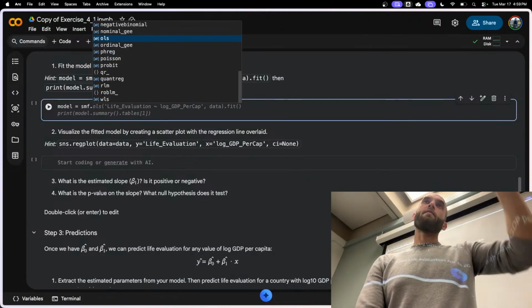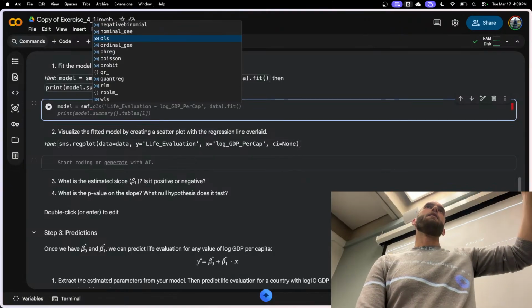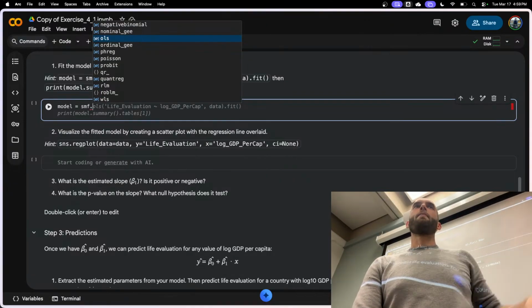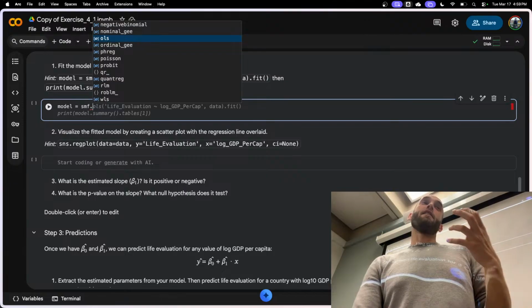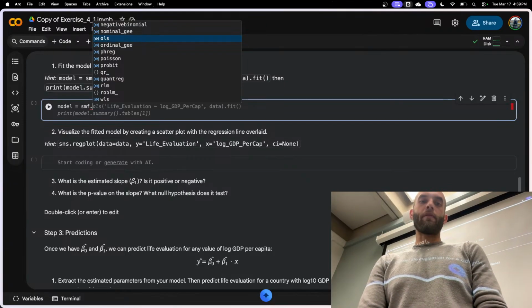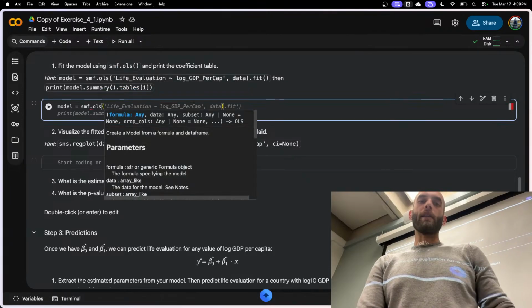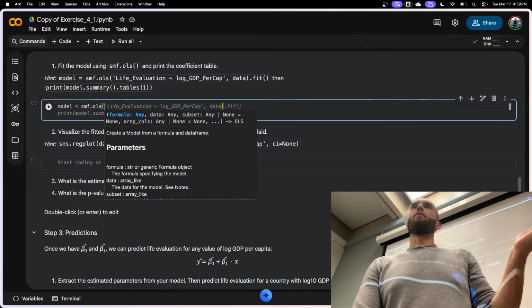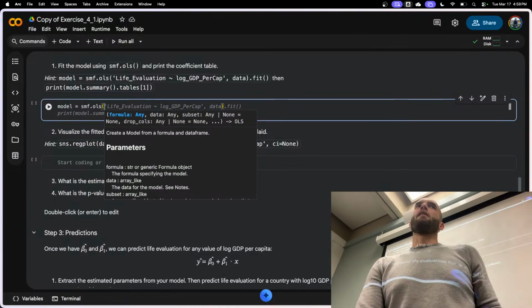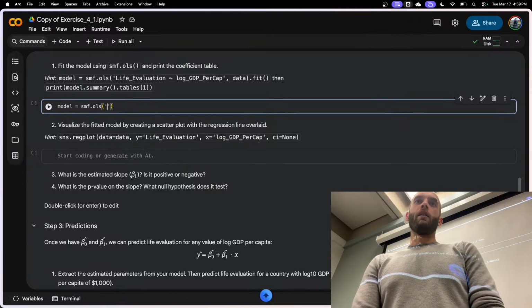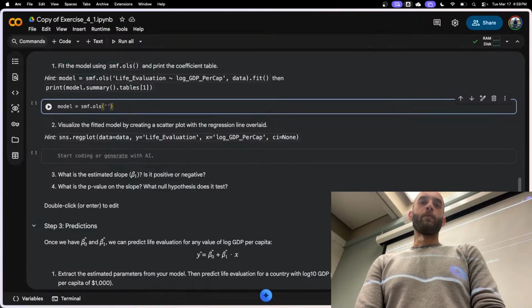SMF, like we talked about last time, is the nickname for statsmodels.formula.api, which is just the way of writing statistical models sort of in plain language. So this is smf.ols. OLS is just ordinary least squares, which is another name for the general linear model, essentially. They're basically synonyms. General linear model is just the more modern name for it.